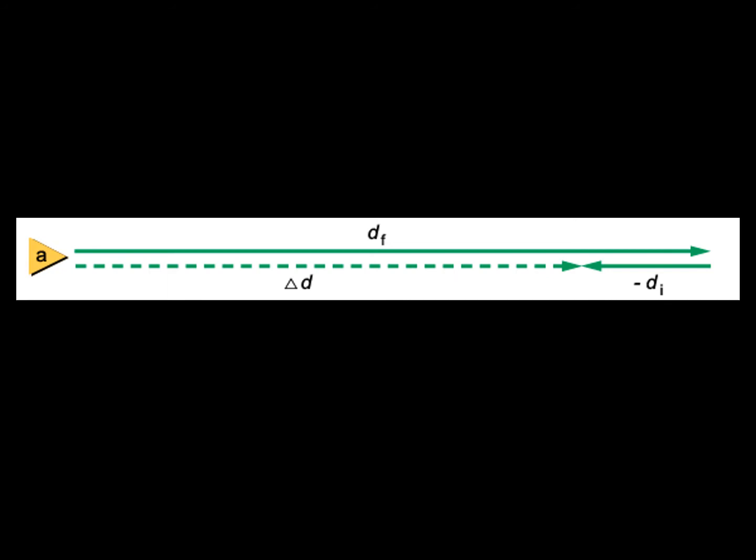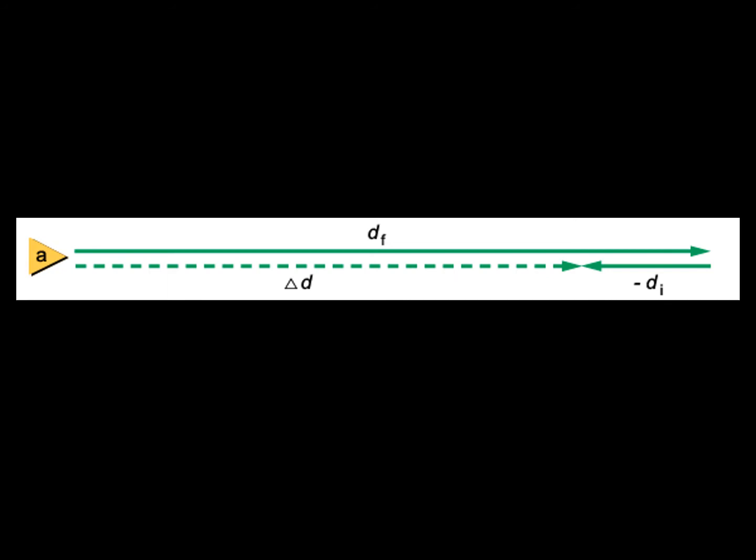If you want to know how much displacement occurred over your time interval, you need to subtract the initial position from the final position to make sure you're only getting the change that has occurred. So we very frequently do df minus di, and we wind up with delta d.